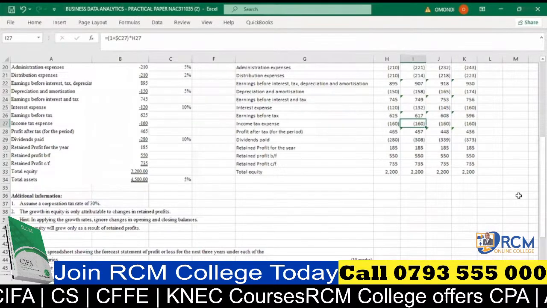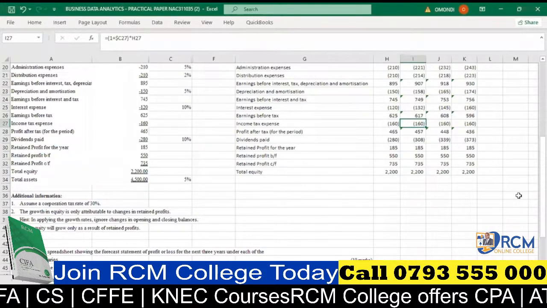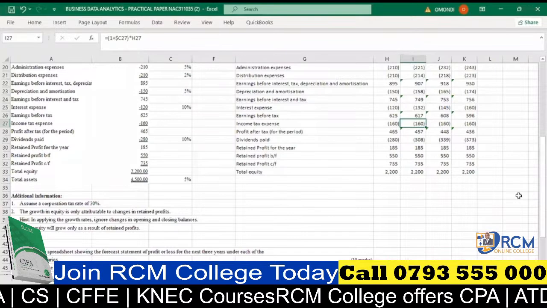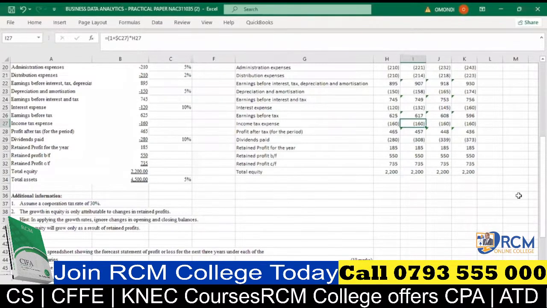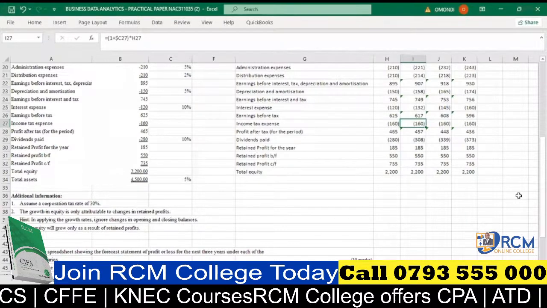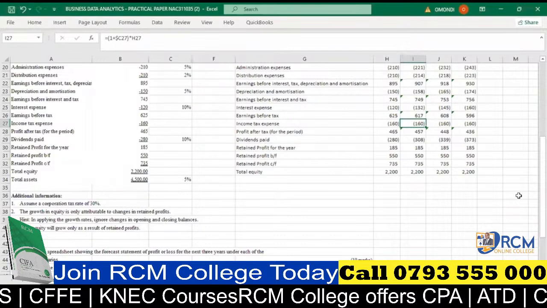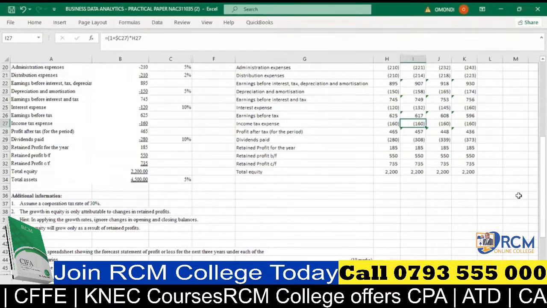We add profit for the year. Why do we add profit for the year? Why are we adding back profit for the year? Okay, it is 30% of 617. Earnings before tax, add depreciation, then tax.